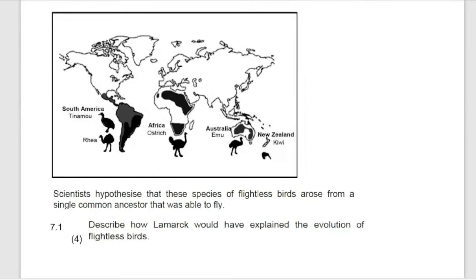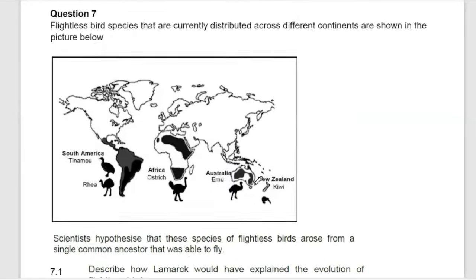We are saying that scientists hypothesize that these species of flighted birds arose from a common ancestor. Guys, when they bring a question of evolution, make sure that you relate to the question they have asked you. Don't just write. Now you find out that someone is using giraffes here.